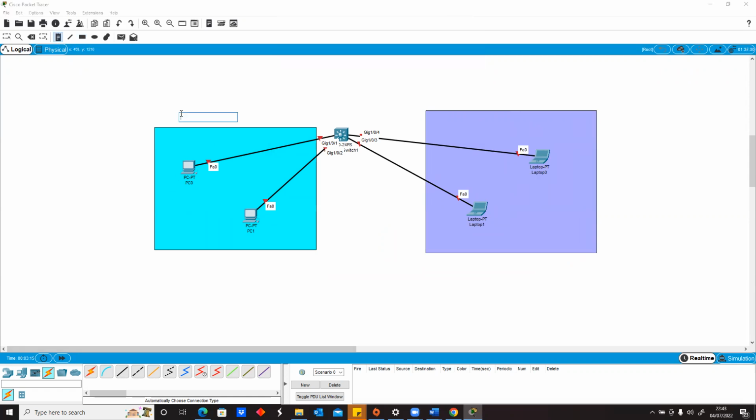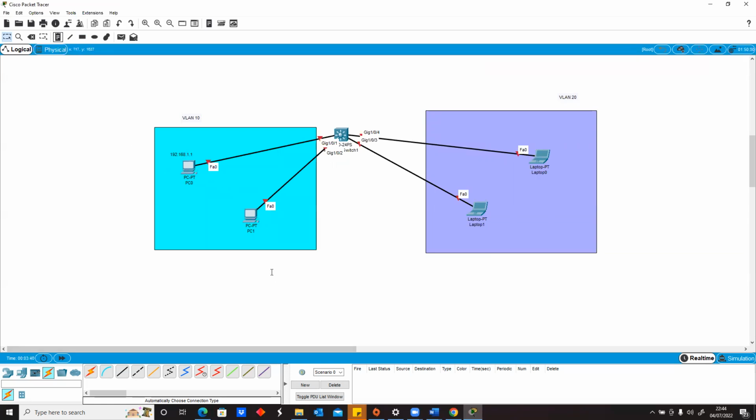So assuming this is VLAN 10, and this is VLAN 20. And VLAN 10 is having, so this PC would have 192.168.1.1. And so 192.168.1.1, that's for this PC.